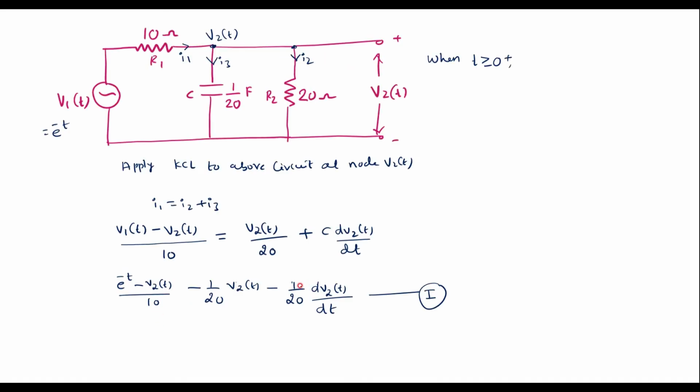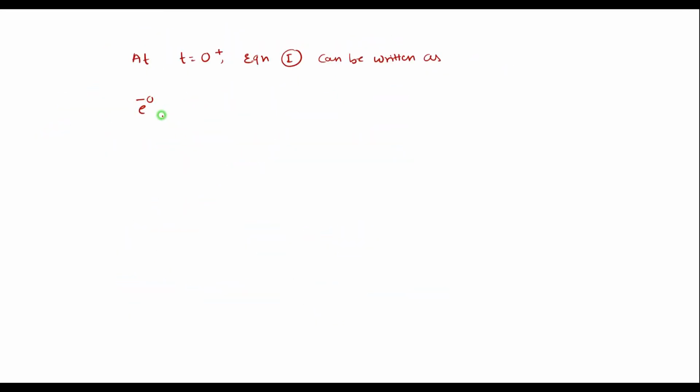Now at t equal to 0 plus, equation 1 can be written as follows. Consider t equal to 0 plus, so it will become e power minus 0, and we have minus V2 of 0 plus divided by 10, minus V2 of 0 plus divided by 20, minus 1 over 20 dV2 of 0 plus by dt is equal to 0.